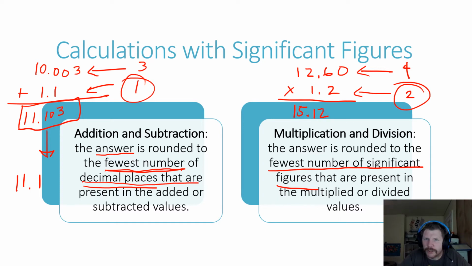We need to get to 2 sig figs. This answer might look a little weird, but it's going to be 1.5 times 10 to the first. That would be your actual answer, the best answer reflecting the rules for significant figures with multiplication and division.